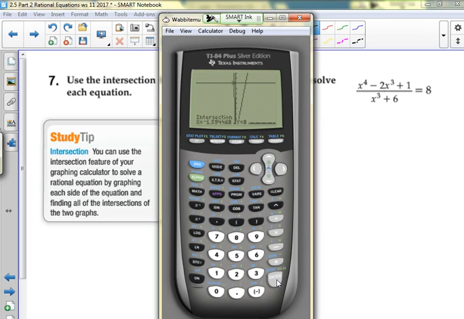I got negative 1.6 maybe? And positive 10 roughly. So what did we say? Negative 1.6 and positive 10?